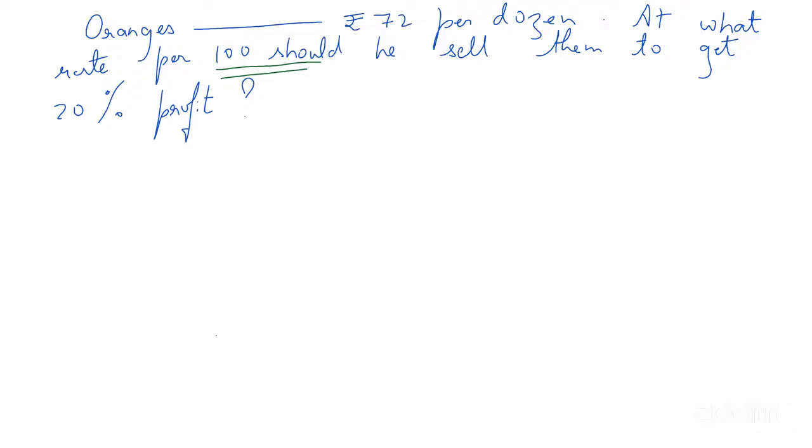Now what you will do is, you will find out the selling price by adding cost price and profit. Add cost price and profit to find out the selling price.